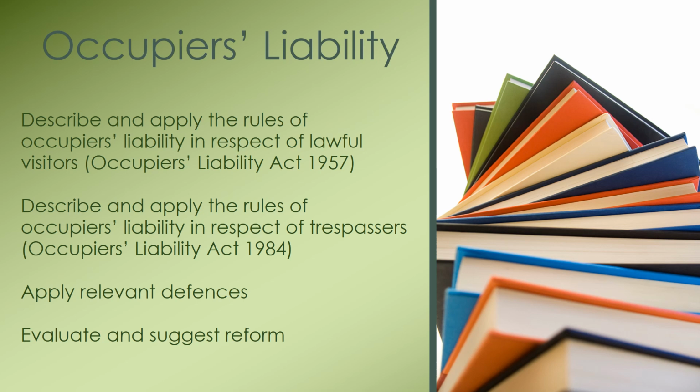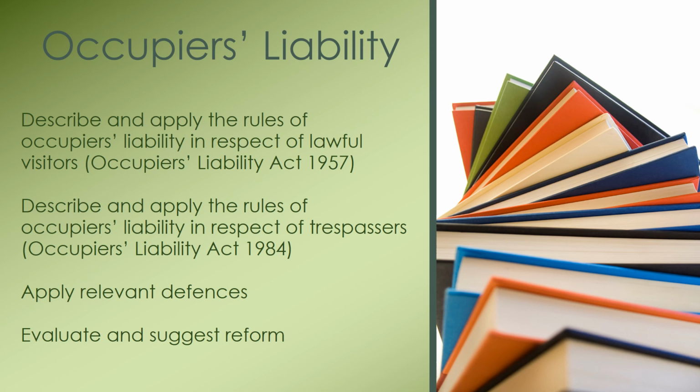So in terms of visitors, we would be thinking about those people who have some kind of permission to be on the property. In terms of trespassers, as you'll be aware already, these would be people who do not have permission to be on the land property. So there are two areas that come under occupiers liability.